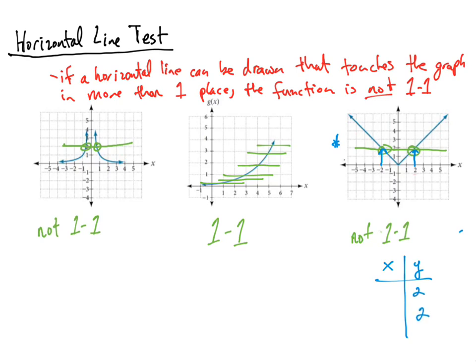And so positive 2 is getting pointed at when x is negative 2 and when x is positive 2. So that output value, that y value of 2, is getting pointed at by two separate x values. So again, this is just a different way of seeing that a function is not 1 to 1.